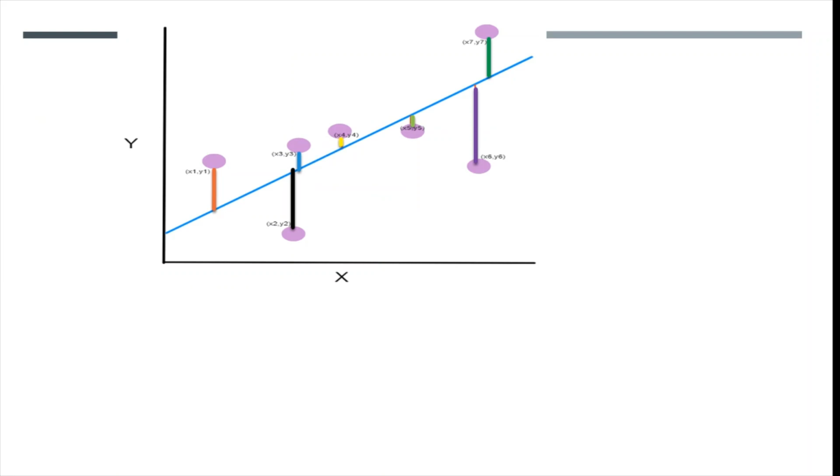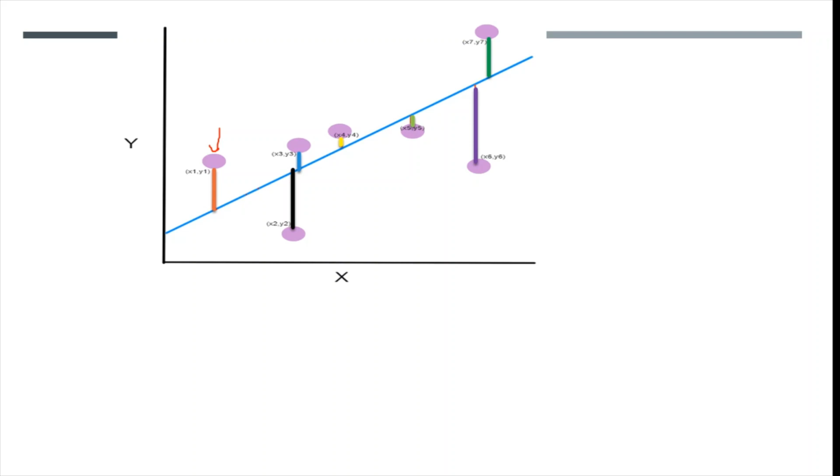So now let's talk more about what the cost function actually is. Consider this graph. Over here, the blue line represents our hypothesis, and the points that lie on that blue line are the predicted values of y. This circle represents the actual value of y, and this orange line is the distance between the actual value and the predicted value.